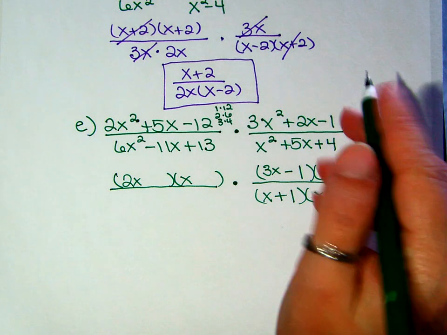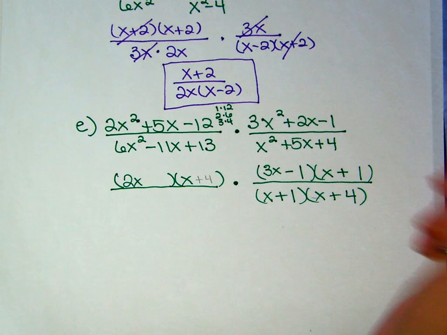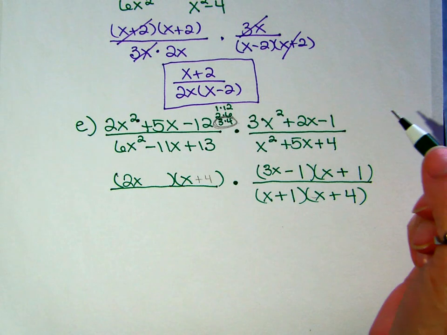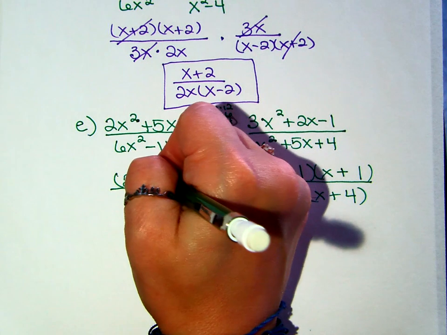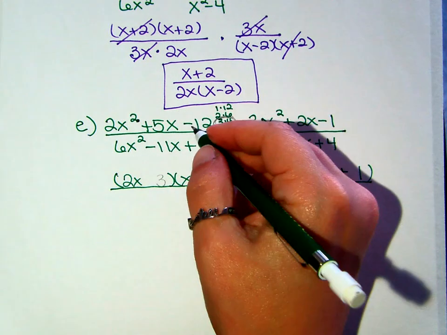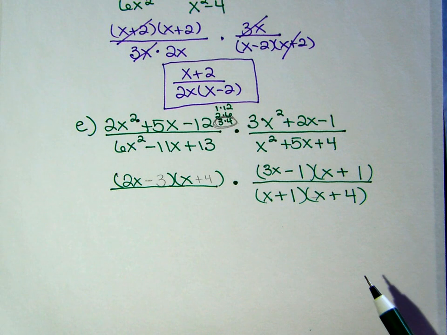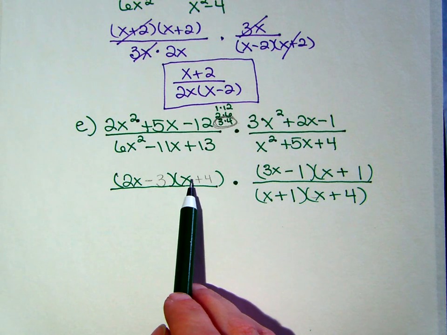So if I have to have a plus 4, that means I'm using the factors 3 and 4. So that means this one has to be a 3. And since my signs have to be opposite, I would put a negative here. Now I have no idea if this is going to work. So if I do my first, that gives me my 2x squared.